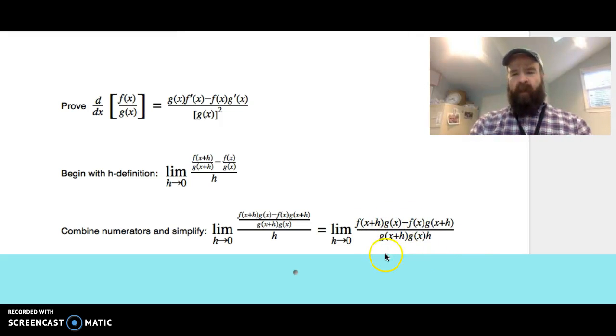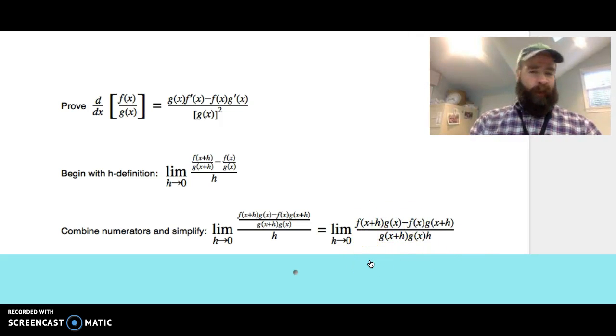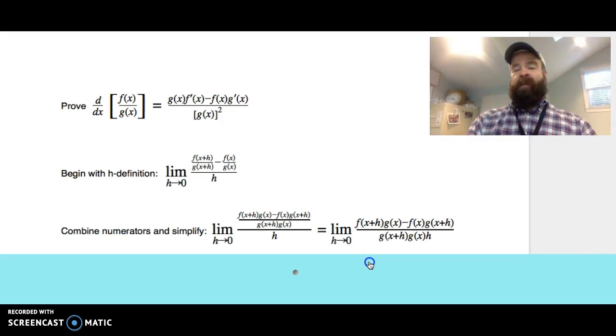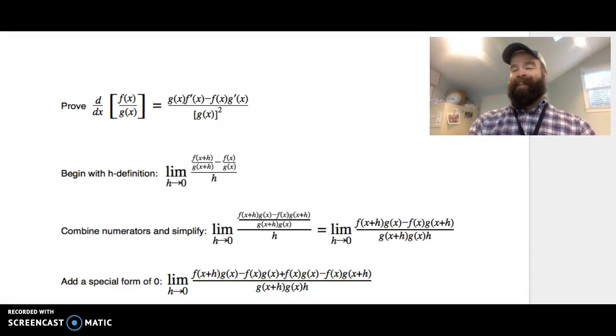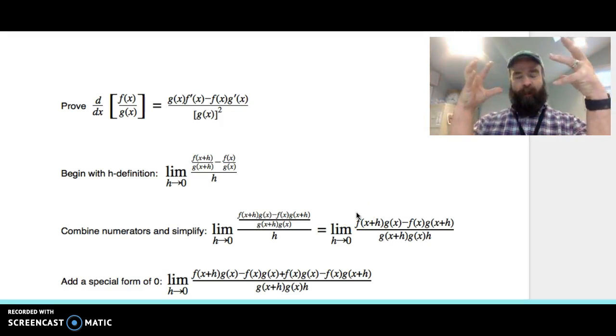Now, if I were to plug in h again, I would get 0 over 0, so I'm not even going to bother to do that. What I will do, though, is revert to that thing that I did in class today with the product rule of adding a special form of 0. But this time, the special form of 0 is going to look a little different. If you notice we had an f of x plus h here, we would like a minus f of x, so we can actually get something that looks like the top of the derivative.